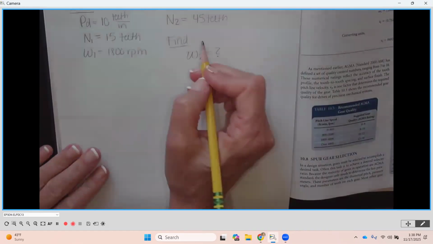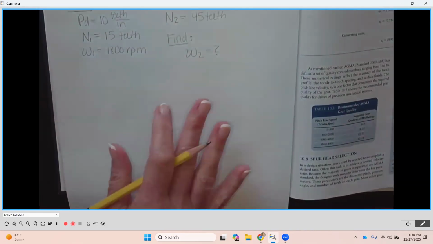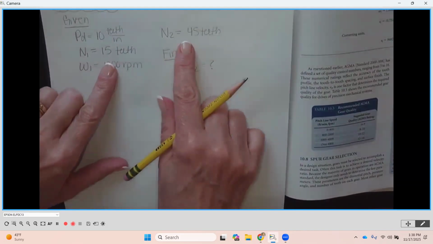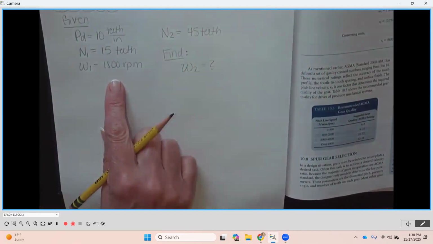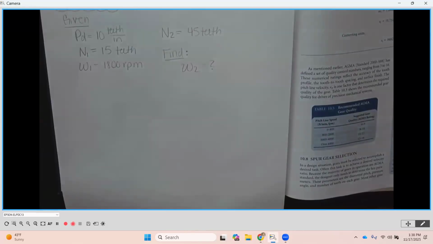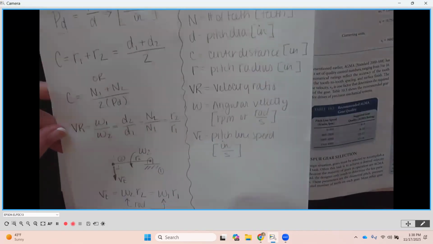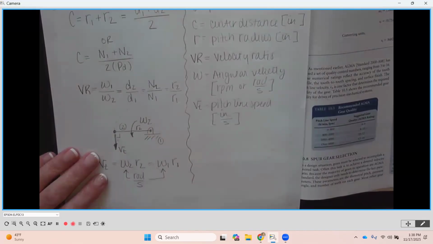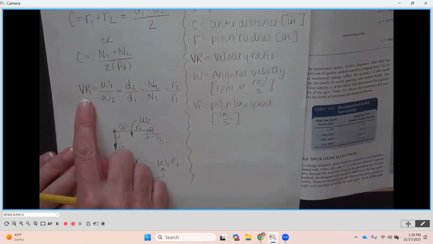Now, what we're given: we have the diametral pitch, the number of teeth on our pinion and on our gear, and we have W1. Now we need to find W2. If we go back to our gear equations, we have this velocity ratio. We don't always have to calculate the velocity ratio with this.